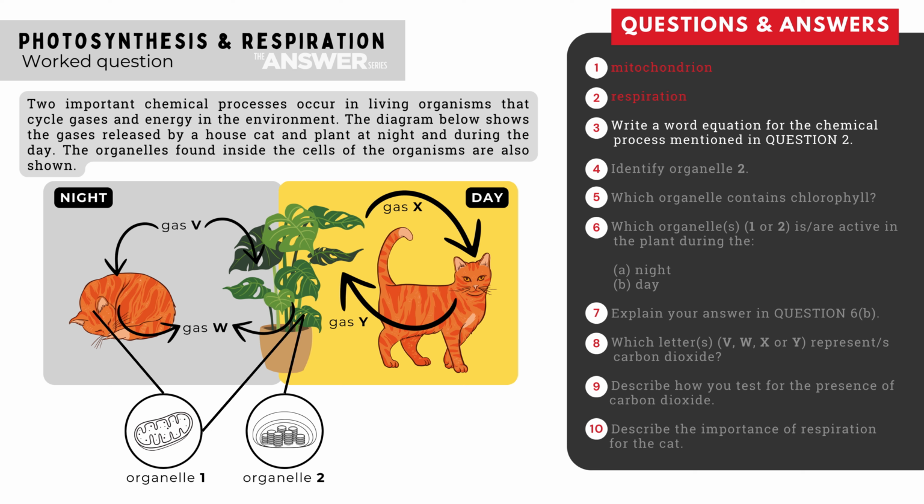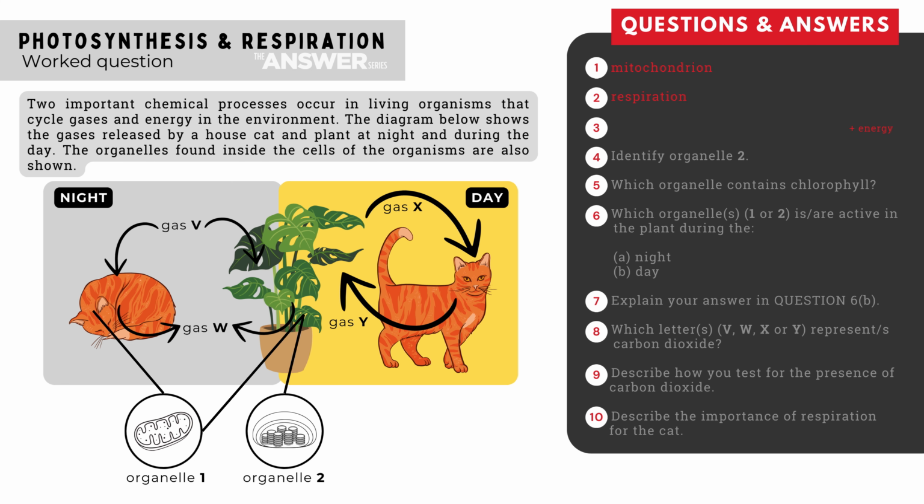Question 3. Write a word equation for the chemical process mentioned in question 2. The word equation is something you had to study as well, to remember that respiration is the inverse process of photosynthesis and it's responsible for producing energy in cells. So if you at least remember that it provides energy, you know one of the products in your word equation.